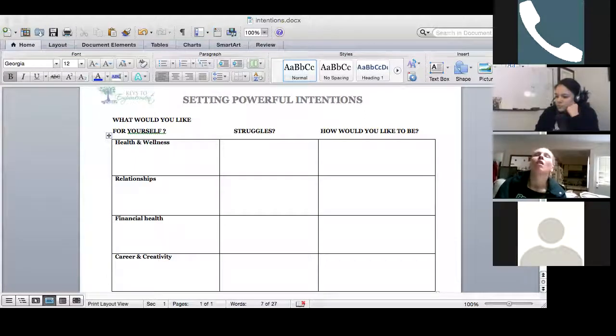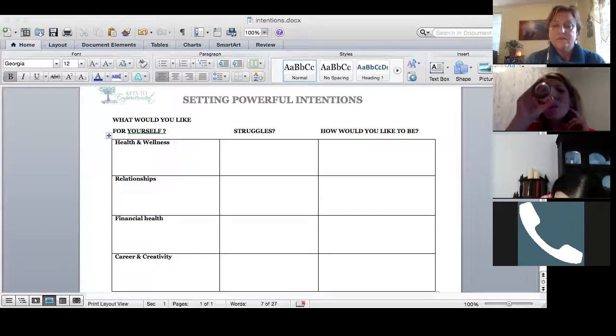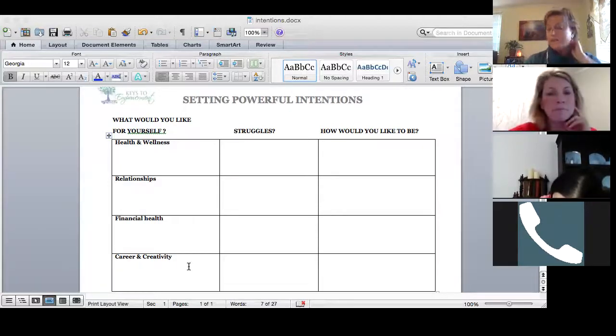And in the next area, ask yourself, what would I love for my career and creativity, for my sense of self-expression? Taking a deep heart breath. What would I love in the area of career and creativity?